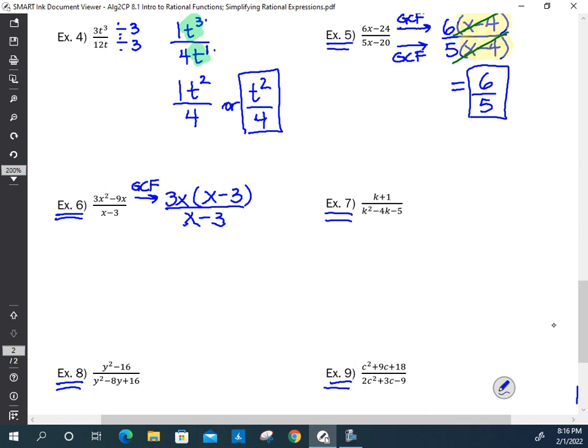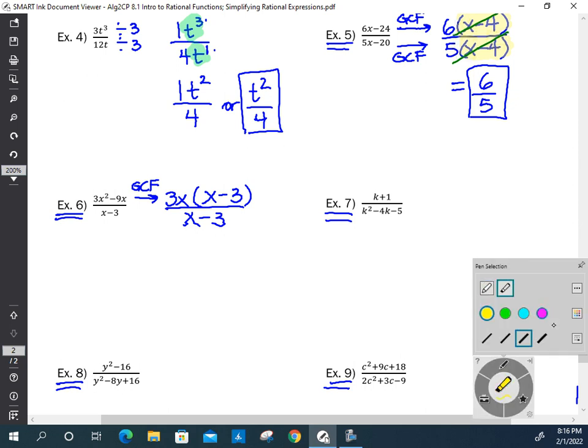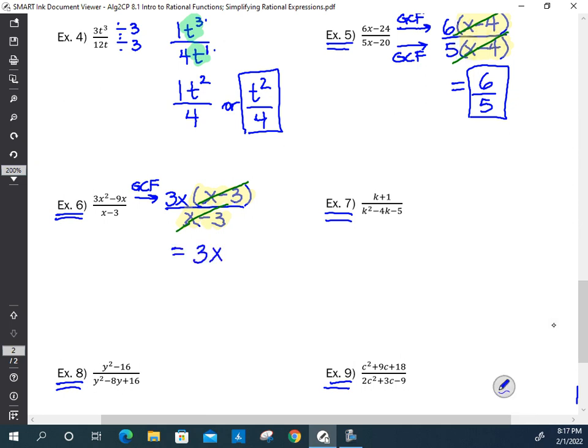So notice what is shared. x minus 3, x minus 3. So those will drop out. So that's 3x over 1.